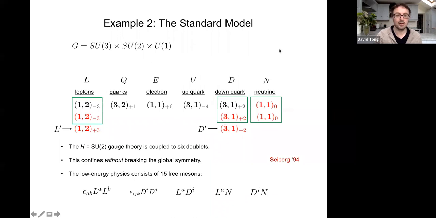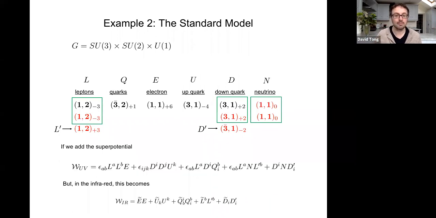What that means is that, again, I can return to the original theory. I can add a superpotential in the original theory. This just looks like Yukawa terms now. Naively marginally irrelevant, but as we'll see, actually dangerously irrelevant. These Yukawa terms, each of them pairs up one of the objects outside the green boxes with 2 inside.